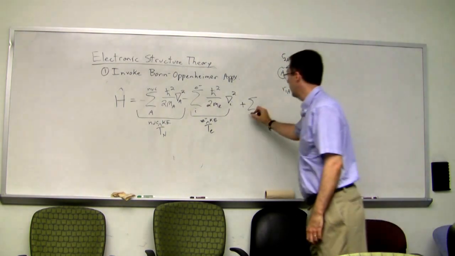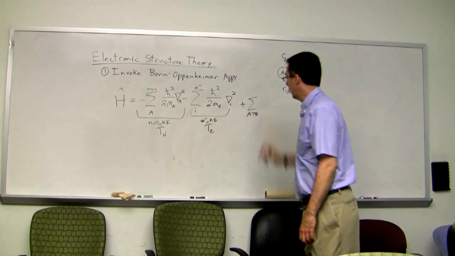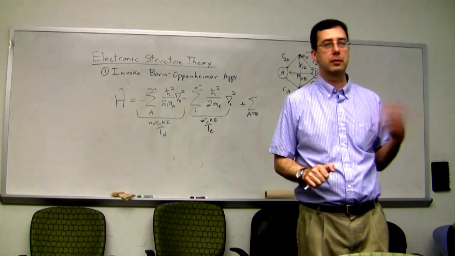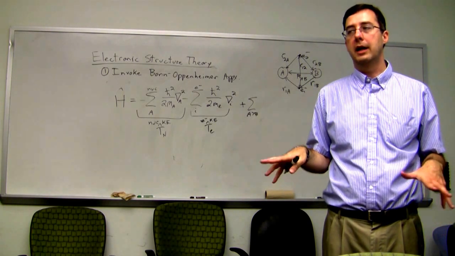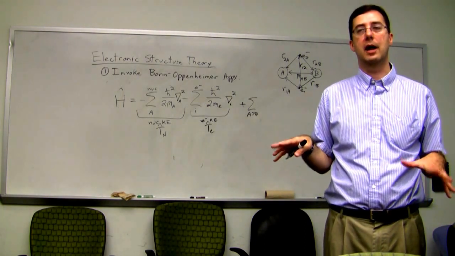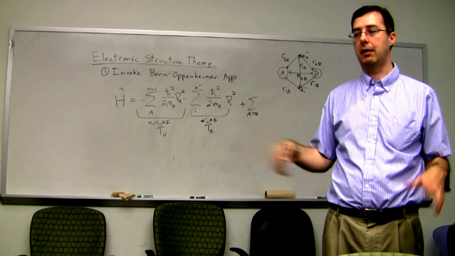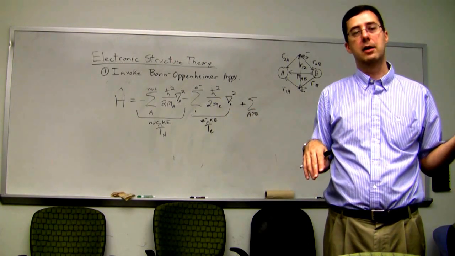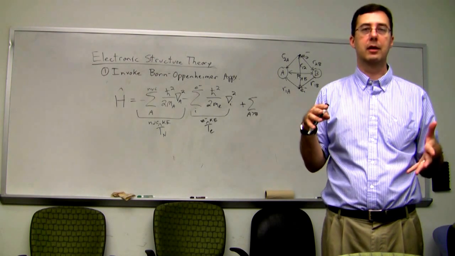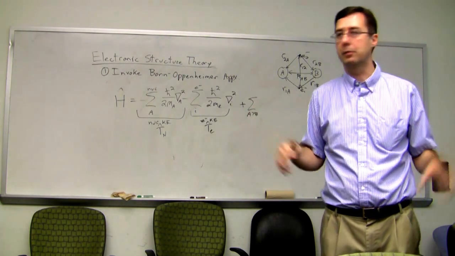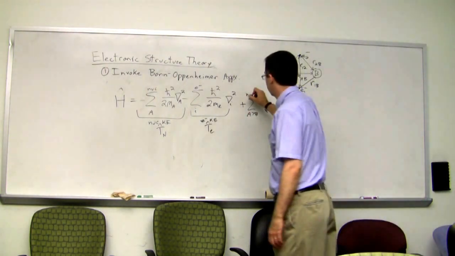I'm going to write that as A greater than B. And what that means is it's a double sum over A, sum over B, but throw out all the terms where A equals B or A is less than B, and that way I'll just get the unique pairs. So if I had 3 atoms, I'd have 1 and 3, 1 and 2, and 2 and 3, and that would be all the unique pairs. So that's all the nuclei.